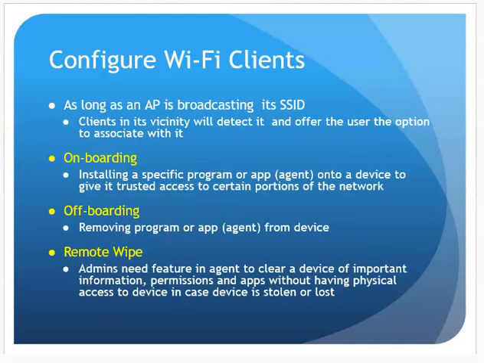So there are processes now if you're going to connect onto a business network, where it's like, okay, you can, but you need to install this app or use these settings or use dual authentication or something of that nature. And then offboarding would be removing that app or those settings and that sort of thing.